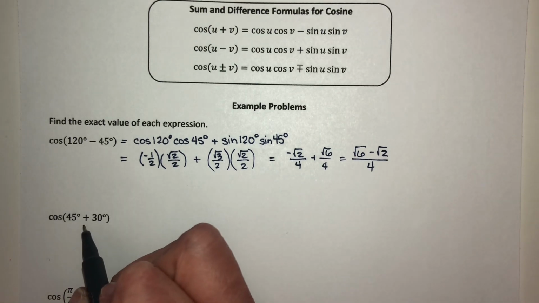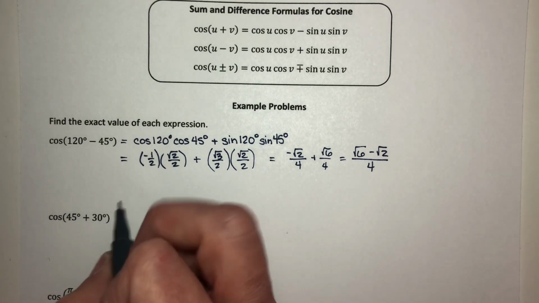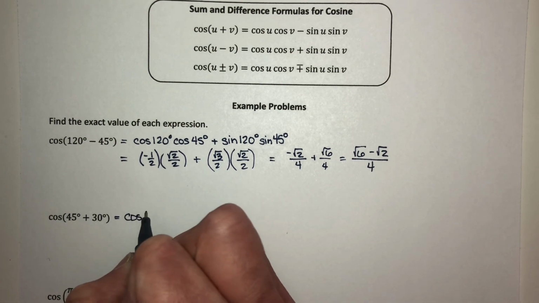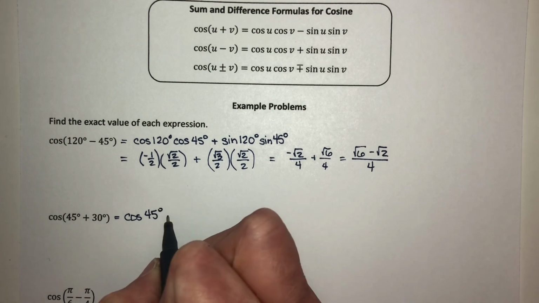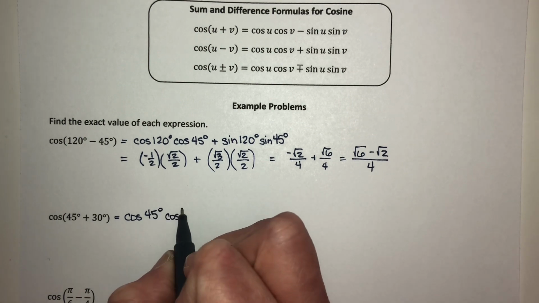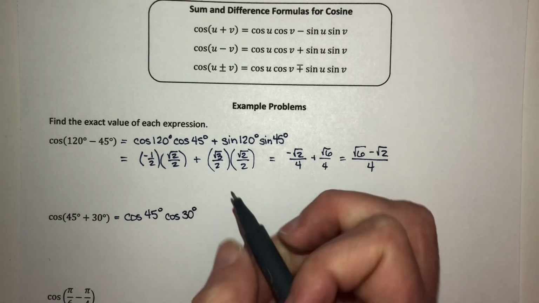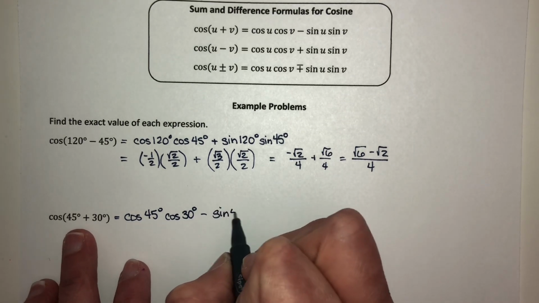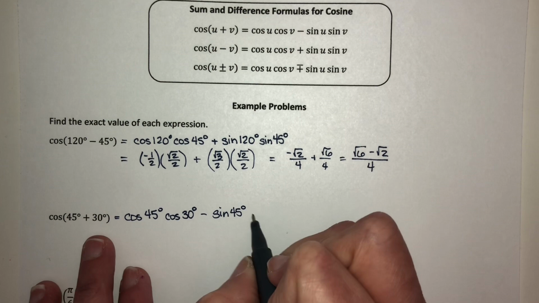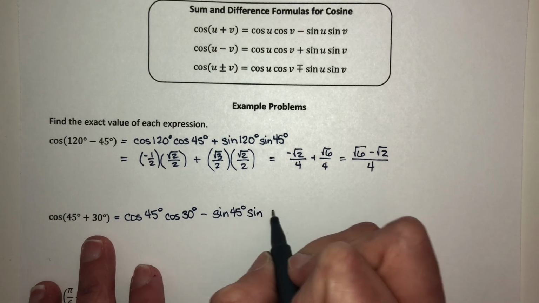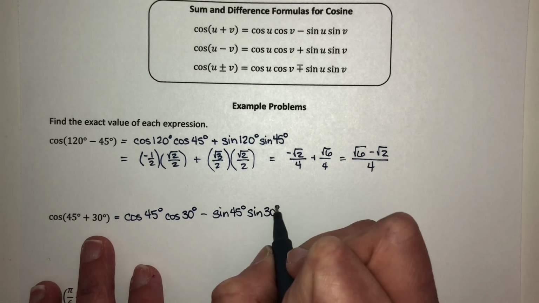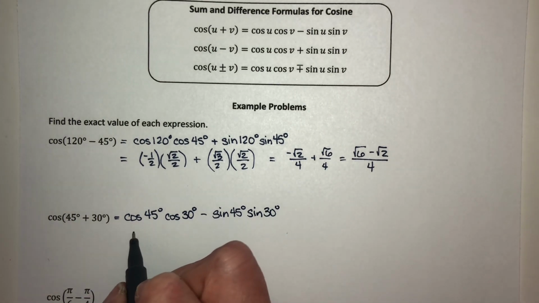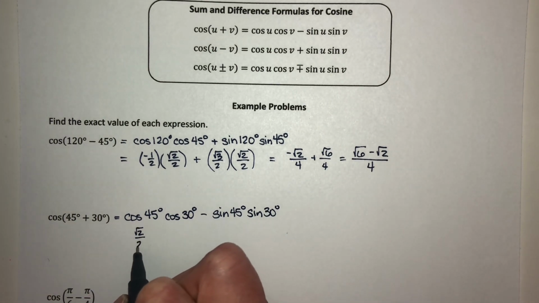So we're going to use our addition formula now to show that. This will be cosine of 45 degrees times cosine of 30 degrees minus sine of 45 degrees times sine of 30 degrees. Cosine of 45 degrees is the square root of 2 over 2.